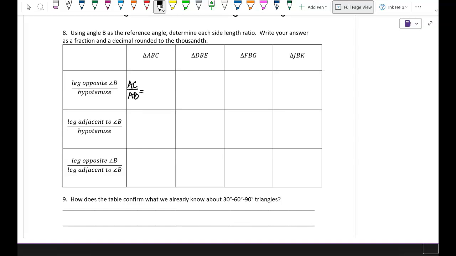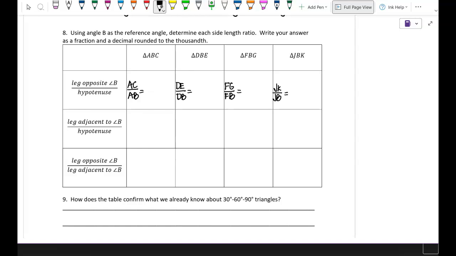Then for triangle DBE, that would be DE over DB. For triangle FBG, that would be FG over FB. And for triangle JBK, that would be JK over JB.